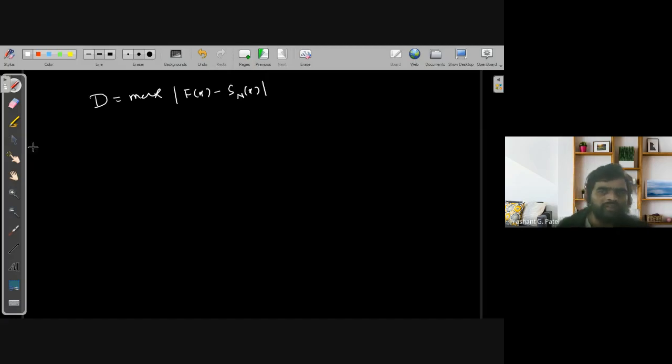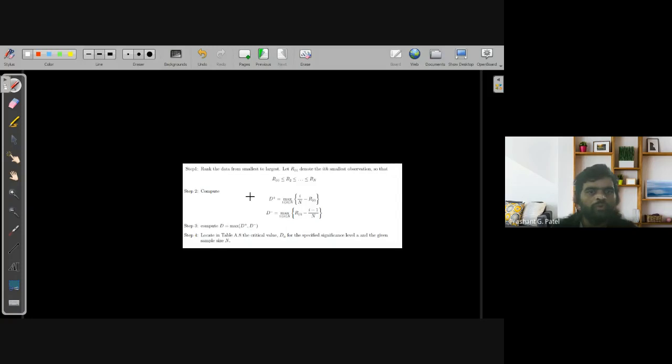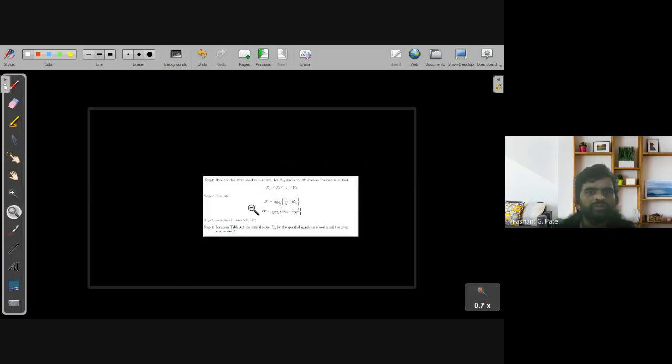Now what are the steps? So this is the steps we have to follow to discuss this method.